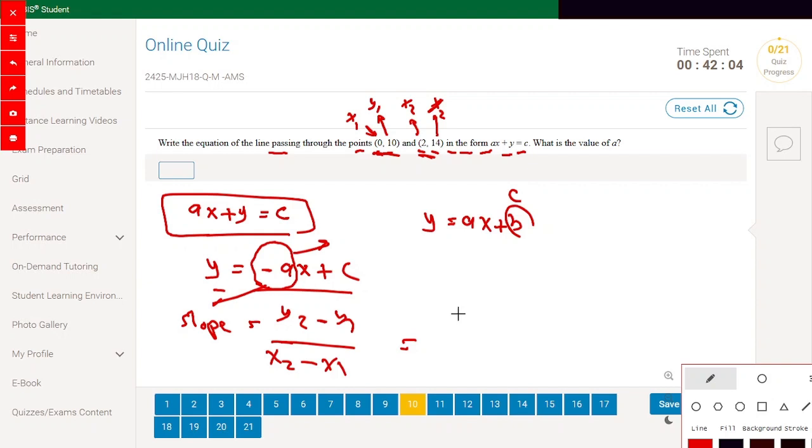So we have 14 minus 10 divided by 2 minus 0. So this will be equal to 4 divided by 2, which is 2. This is a, right? But here I have minus a. So the slope here will be equal to minus 2.